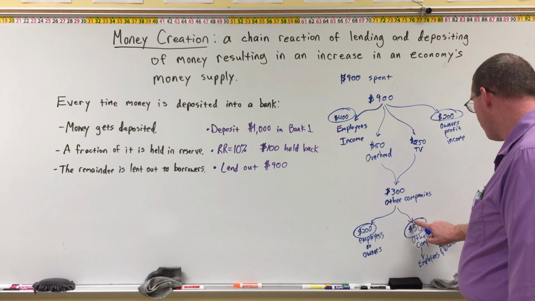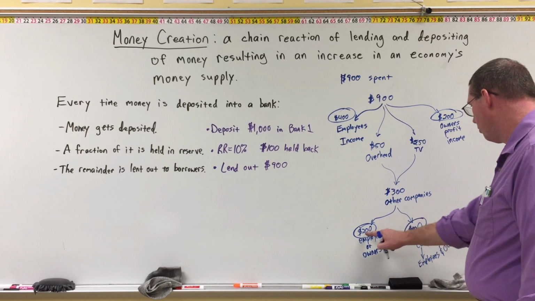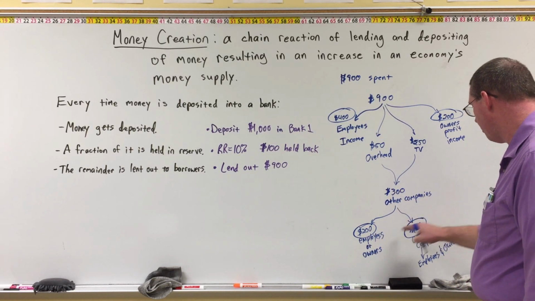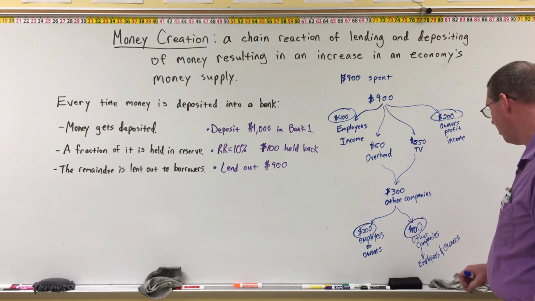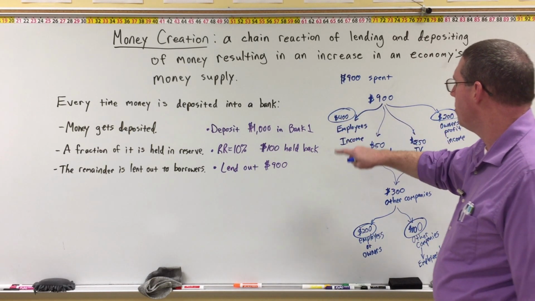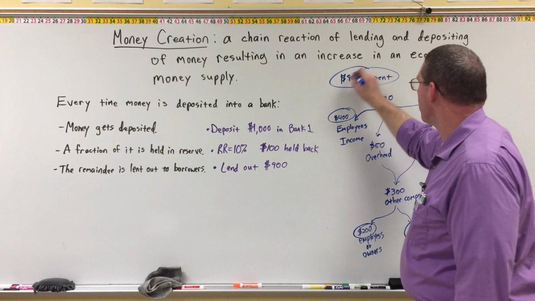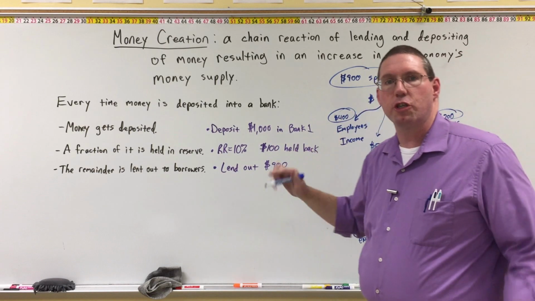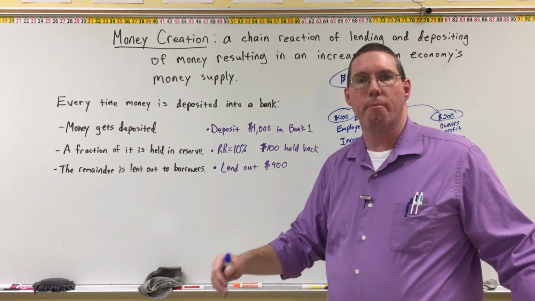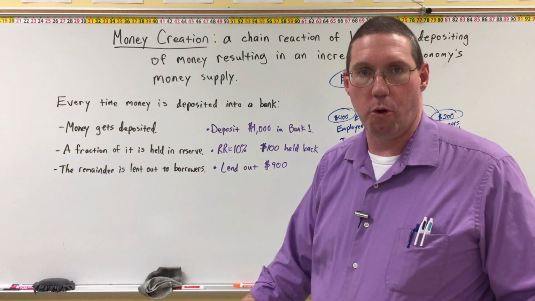So, this was supposed to be $100, not $50. Sorry. So 200 to employees because it was $300, 200 to employees, 100 to other companies. They pay employees and owners. So 100 plus 200 is 300, plus 200 is 500, plus 400 becomes 900. This $900 spent all eventually filters down and becomes income for individual households.